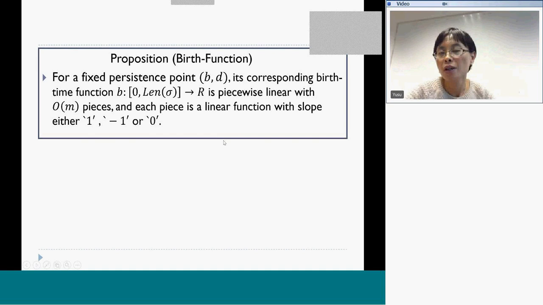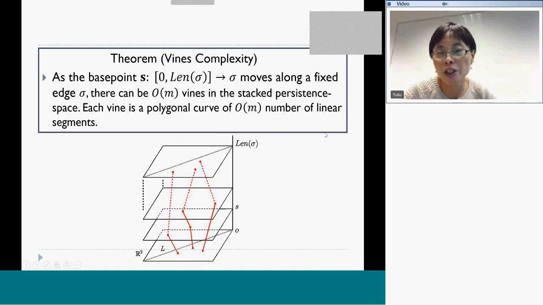Now, if we put the description of the birth time function and the death time function together, we get the following result, which ultimately says that our base point moves along the fixed edge, which is parameterized from 0 to the length of this edge here.